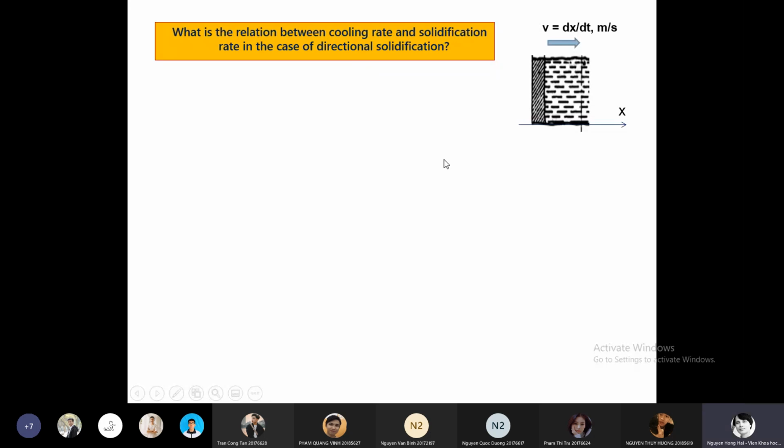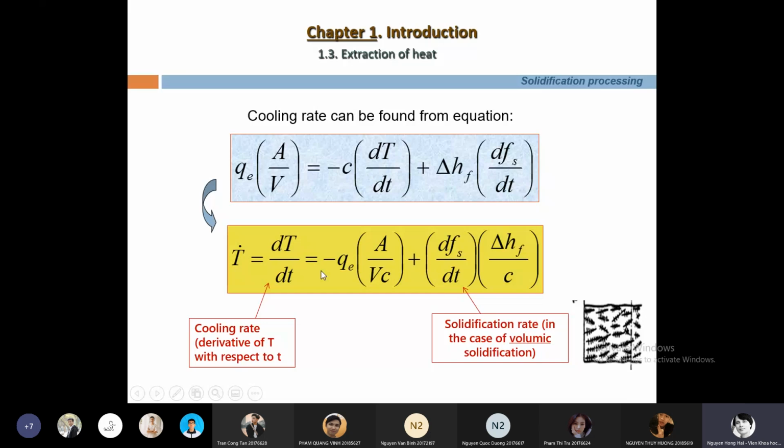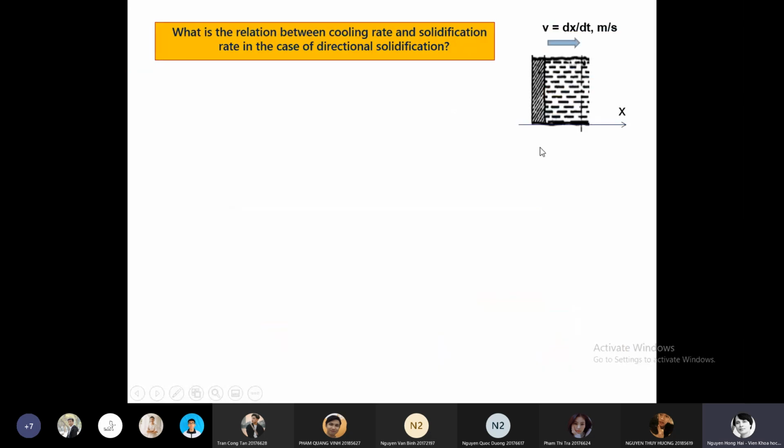Okay. So in this case, how do we determine the relation between the cooling rate and solidification rate? In the volumic case, we have a very complicated relation between cooling rate and solidification rate. But here it is much, much simpler.